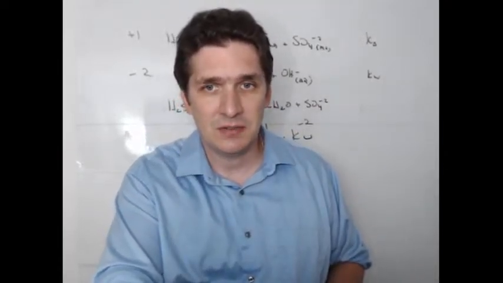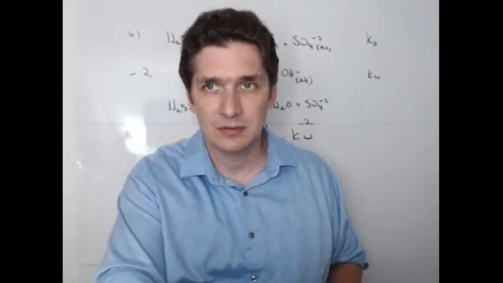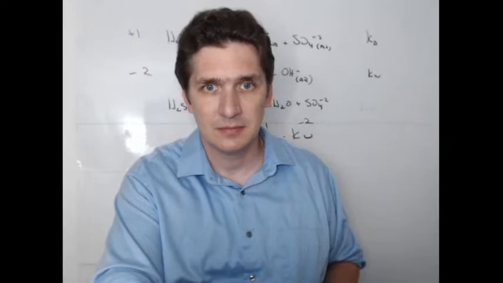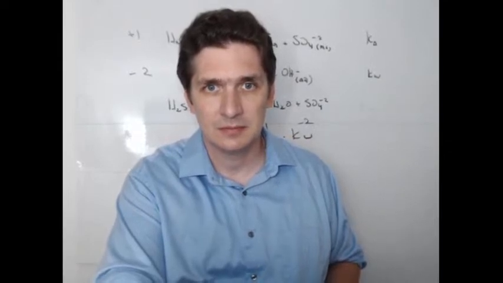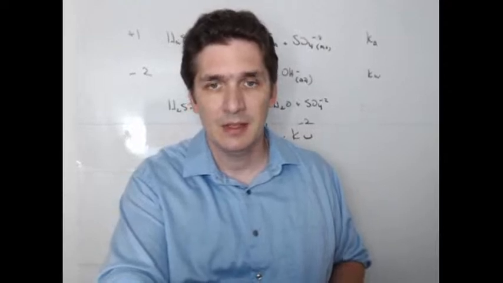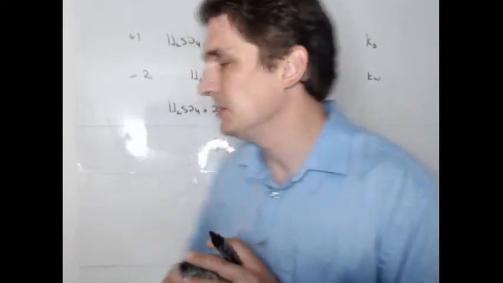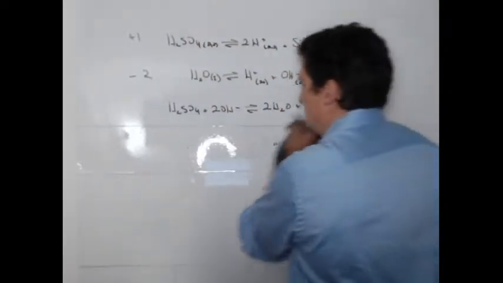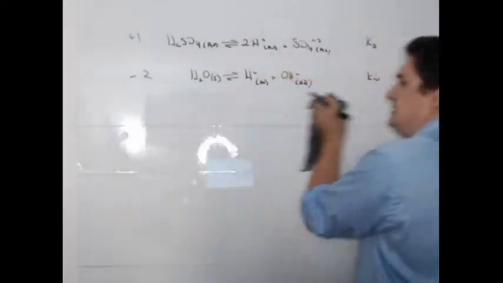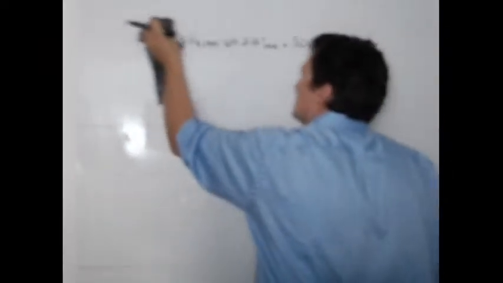So, free energy changes from Q. I like finishing up on this material for the free energy expressions from Q because it really is the easiest part of this material.